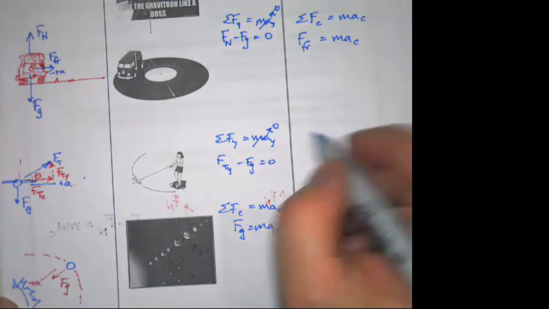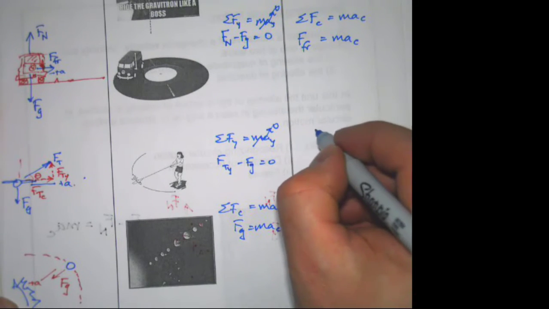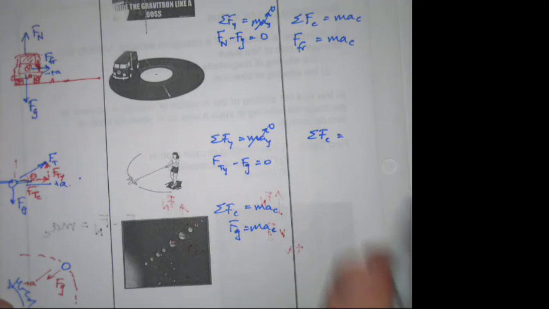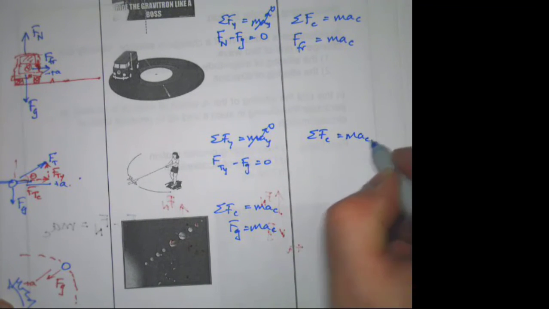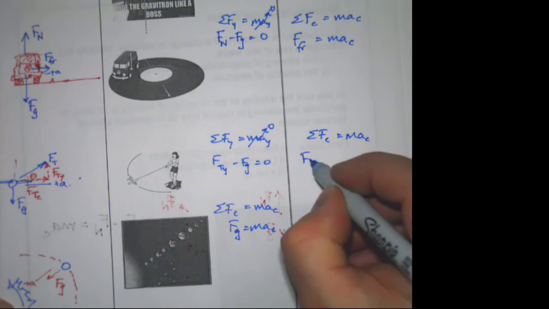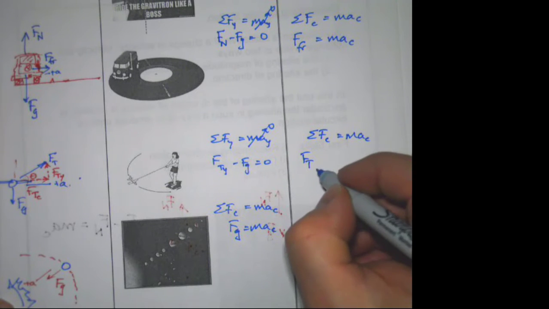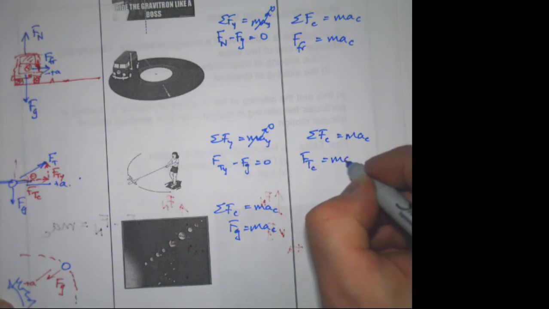And our second equation, sum of the forces centripetal equals mac, and there's one force, Ftc we called it, equals mac.